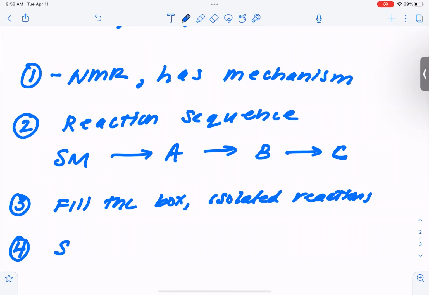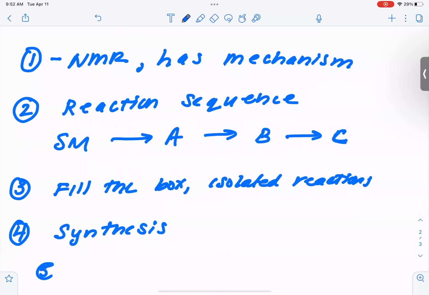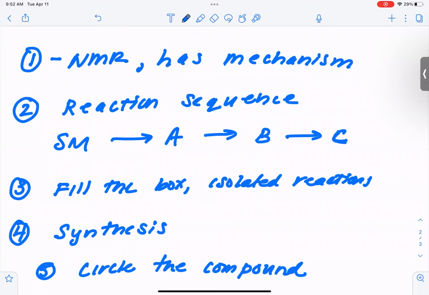And then 4 will be your synthesis. And 5 will be the circle of the compound. The only problem that might have a little bit of chemistry from previous chapters is your synthesis.